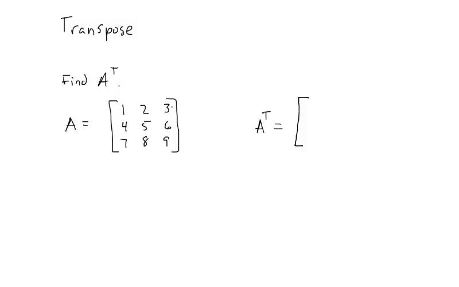So if 1, 2, 3 is my row in A, it becomes my column in A transpose. And then row 2 is 4, 5, 6, so column 2 in my transpose becomes 4, 5, 6. And then my row 3 is 7, 8, 9, and it becomes my column 3 in my transpose.